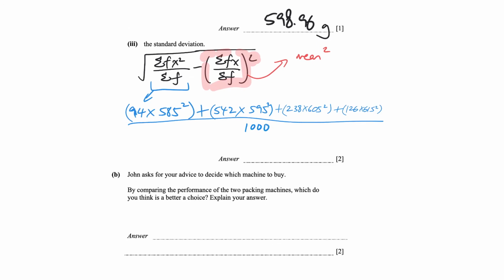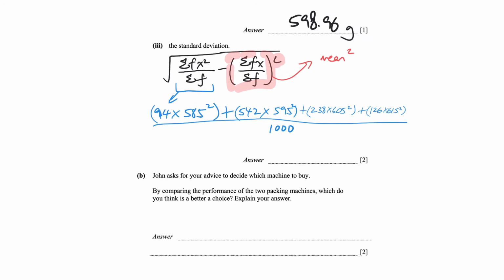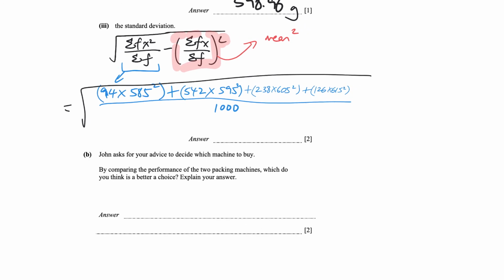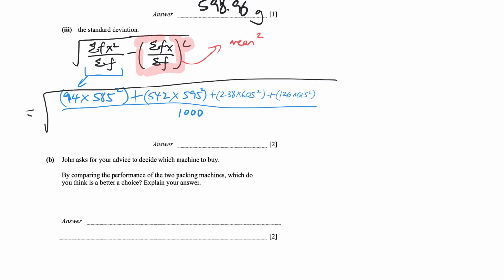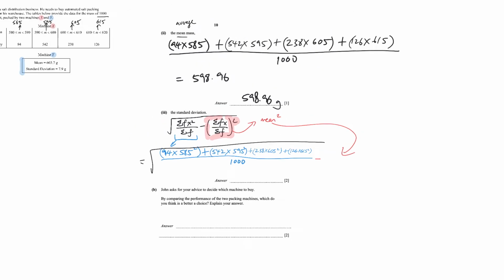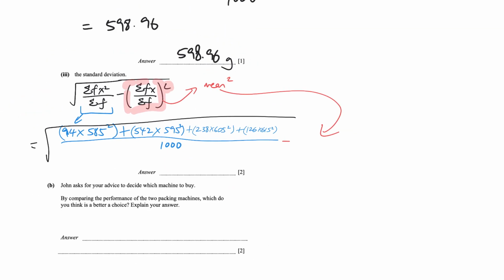If I fill this in from the top, the square root remains, and then the first term is there, and now I have the mean square. So it's going to be subtracting the mean, which I found in the previous part.